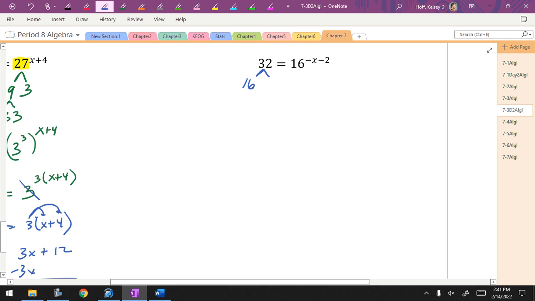If I take a 16 out of 32, what do I get? 16 times 2. Well, I don't have the same base. Guess what base I'm going all the way down to? 2's. Okay? Work these all the way down to 2 and see what you can get. Use your factor tree to figure out how many 2's you have. See if you can solve this on your own. I'll give you a head start, and then I'll put your answer up.